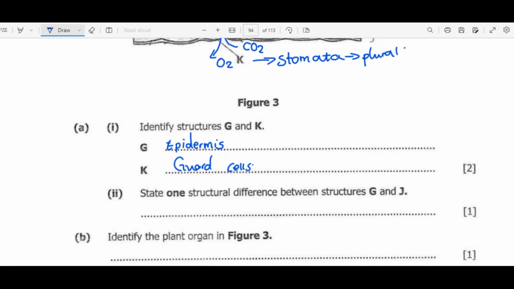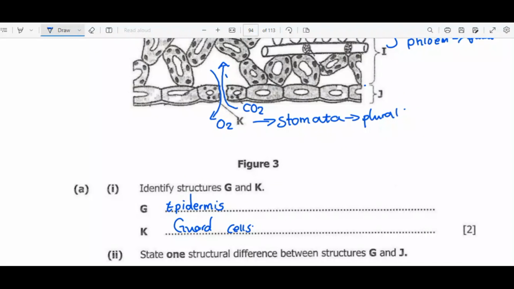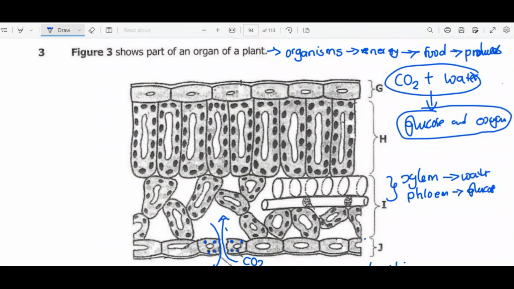Right, then state one structural difference between structure G and J. So G is the epidermis, which is upper, J is the lower. Now for this one, we can see the presence of guard cells, and guard cells have at least a small amount of chloroplast. So in J, we have at least a process of photosynthesis compared to structure G. In structure G, we only have cells here, and there are no chloroplasts, so we don't expect to have the process of photosynthesis.